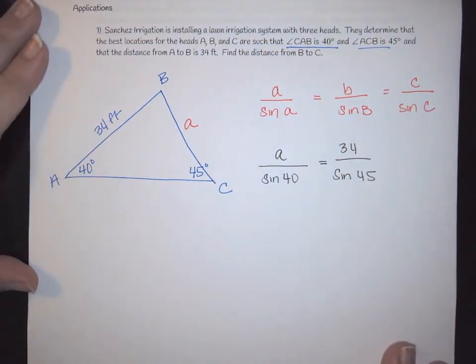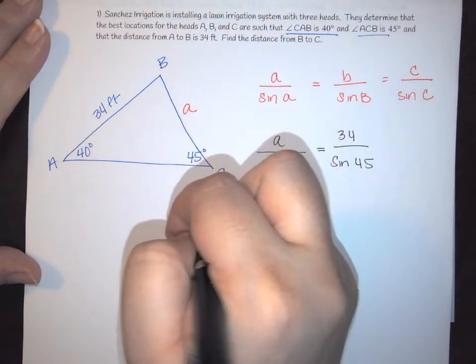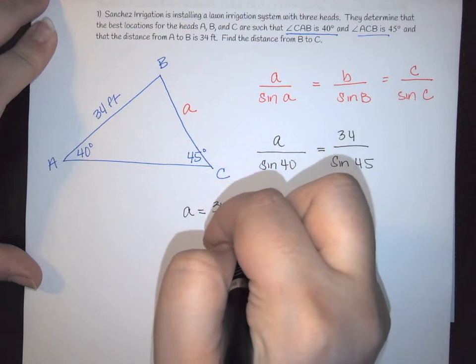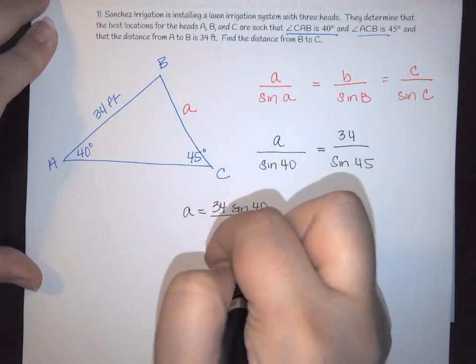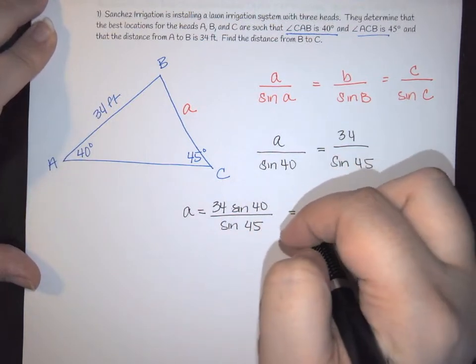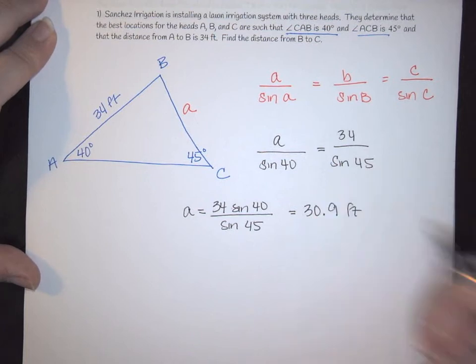So we just simply need to solve for a. So here a is going to be 34 sine of 40 all over the sine of 45, which is going to give you 30.9 feet.